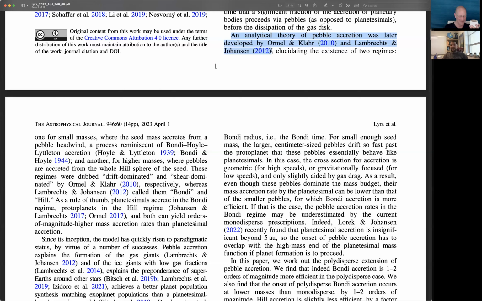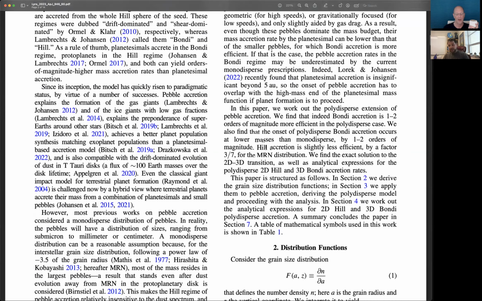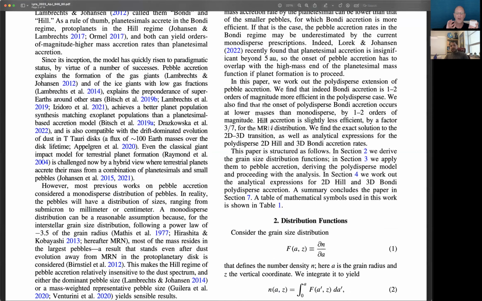So in this paper here, we solve it. We find out that actually there is a way to bypass that, and you can have Pebble accretion directly on the first planetesimals that form. I would say that this is the last nail in the coffin of planetesimal accretion.